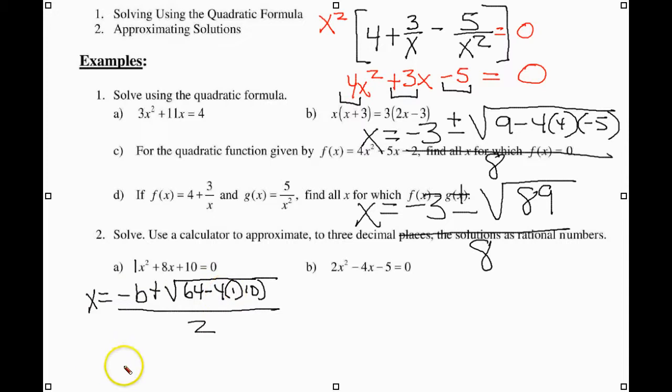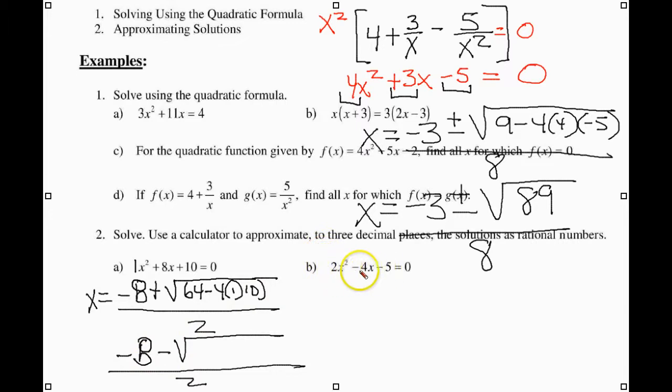Then you're going to put the stuff in there again, and you go, this time, negative b minus, well, b is our 8 here, so we can put the 8 in there, negative 8 minus what's under the radical sign, all divided by 2. And you'll get some answers, and actually the approximation is down below.